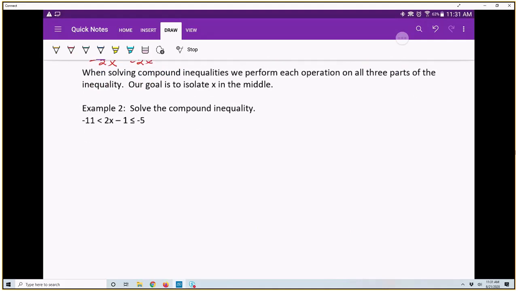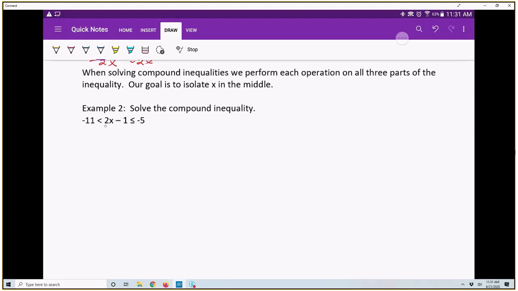So now we have what's called a compound inequality. That means that I have three things. I have -11 less than 2x minus 1 less than or equal to -5. And we have a note here that when solving a compound inequality, we perform operations on all three parts of the inequality. Our goal is to isolate x in the middle.